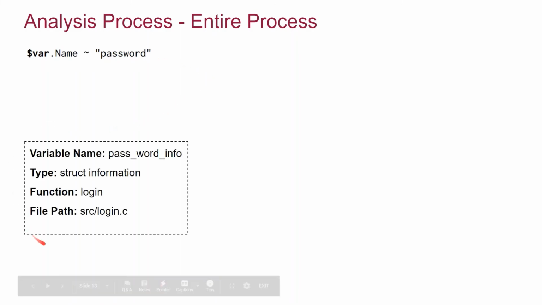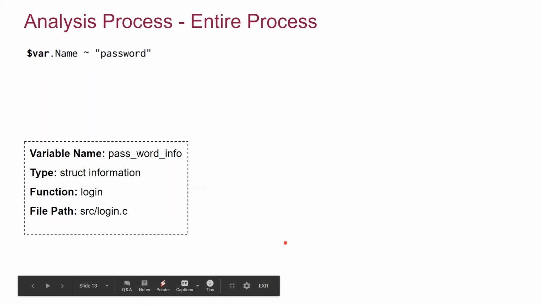Let's look at the entire process. Say we want to run this rule. We want to figure out several variables whose name is close to password. And here is a variable's information. Its name is pass-word-info, type is struct information, in function login, and file path is src/login.c.